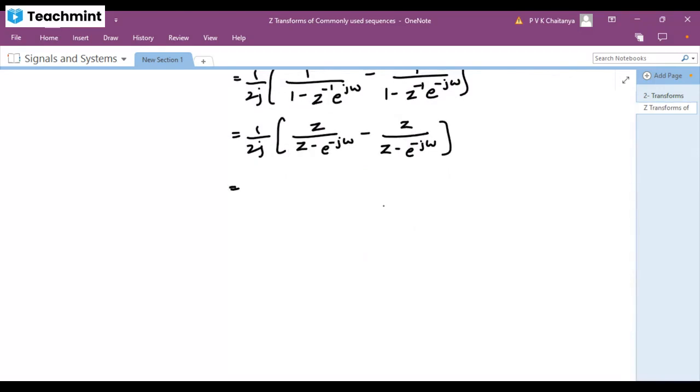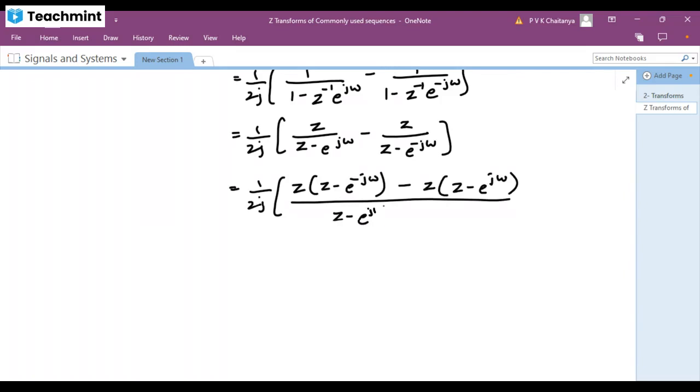So I'll be getting this as 1 by 2j into z into z minus e power minus j omega minus z into z minus e power j omega, divided by z minus e power j omega into z minus e power minus j omega. So z square and minus z square get cancelled.